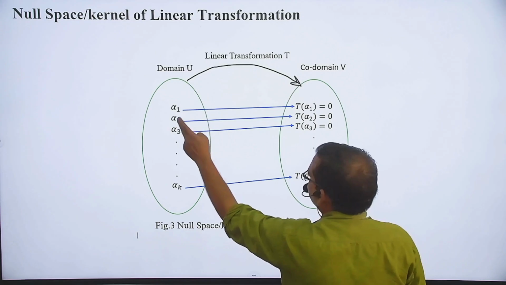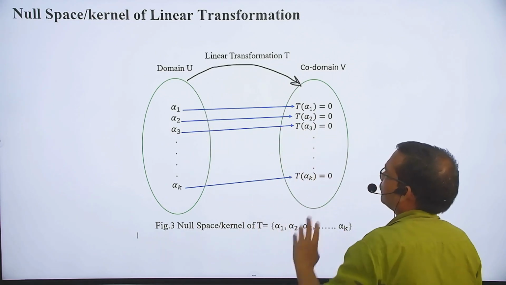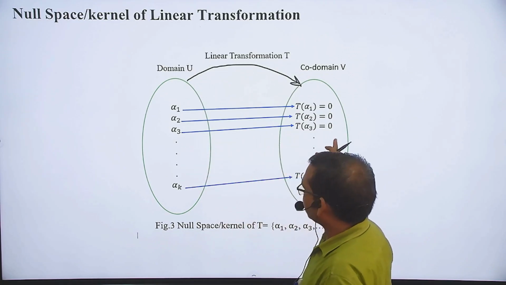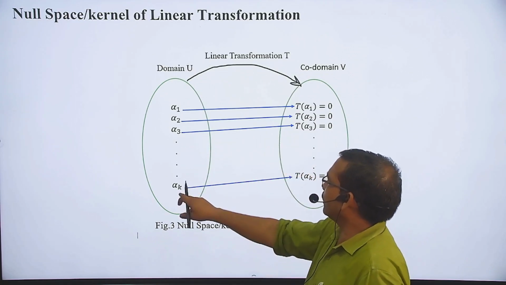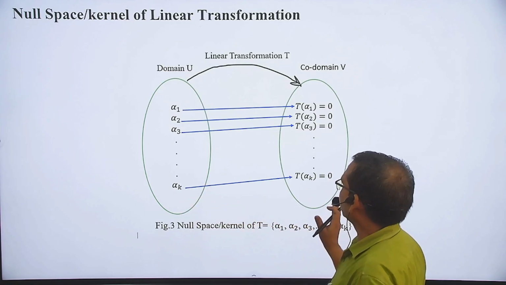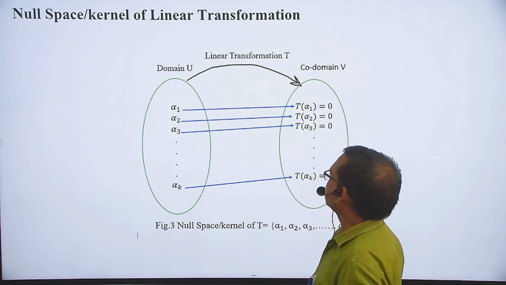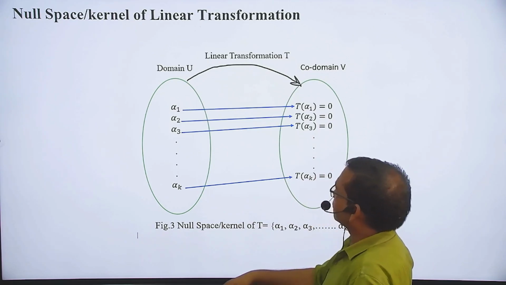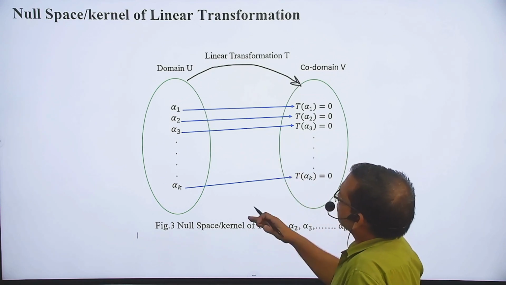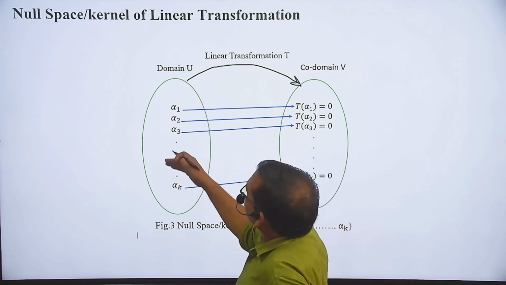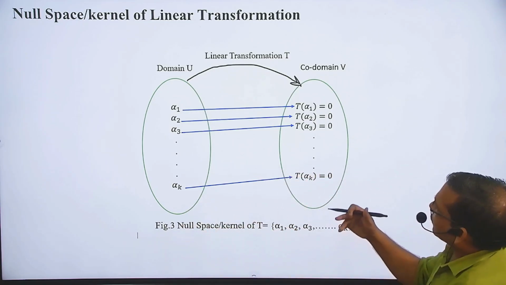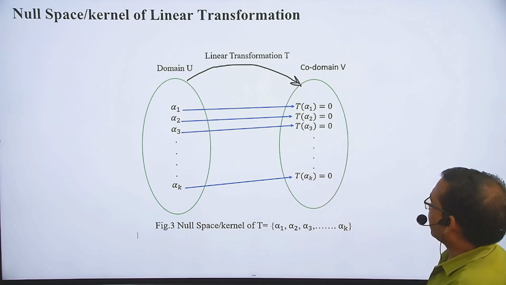It means T(alpha 1) is equal to 0, T(alpha 2) is equal to 0, T(alpha 3) is equal to 0, and so on, T(alpha k) is equal to 0. If all these images or some images are 0, then the collection of those elements is the null space or kernel of the linear transformation.